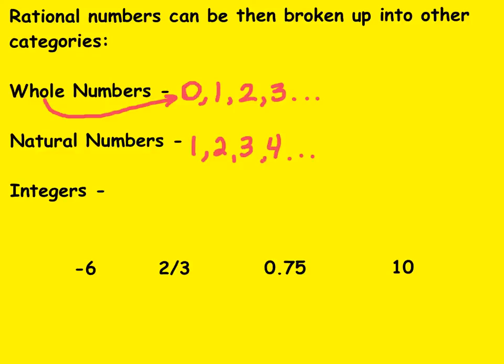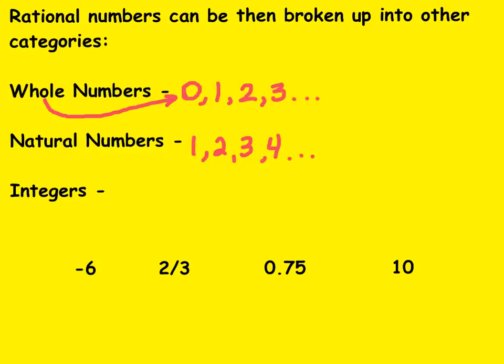Now, do you expect babies to say, oh, I'm 2/3 years old? No, they don't say fractions. Or I'm 0.5 years old. They don't say that either. So think of natural numbers as numbers that you would expect a little child to know. Numbers that they can count on their fingers. 1, 2, 3, 4. Easy as that.